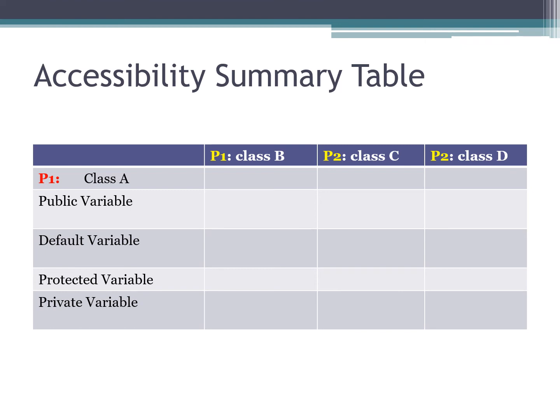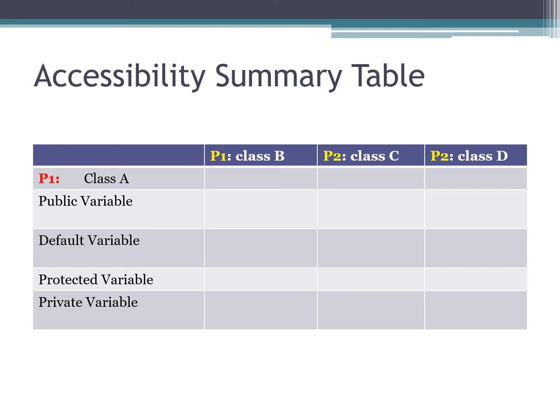Let's check the accessibility of different member variables through this summary table. Here class A belongs to package P1, class B also belongs to package P1, and classes C and D belong to package P2.